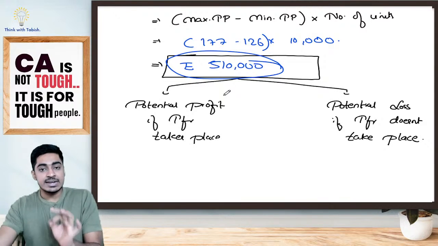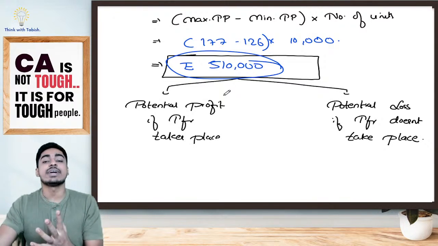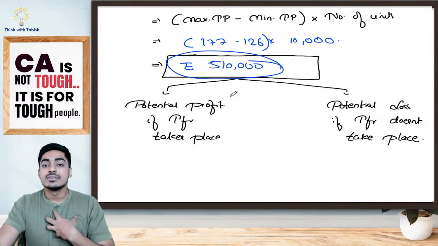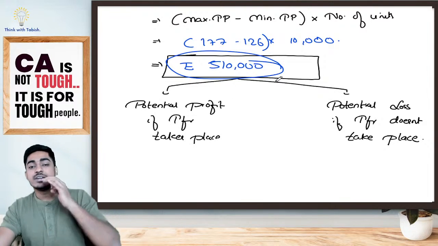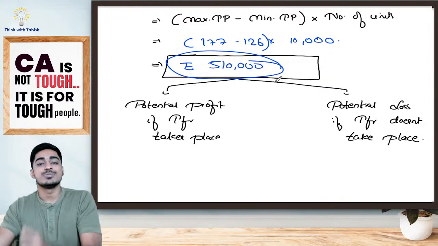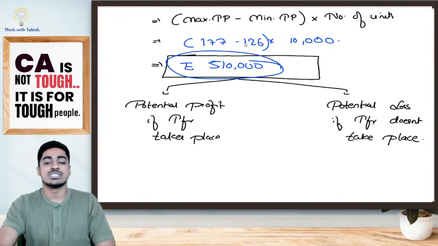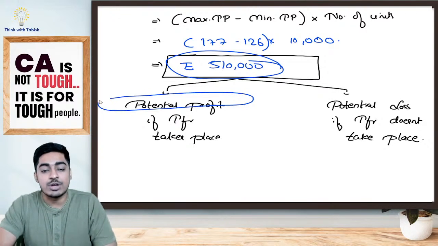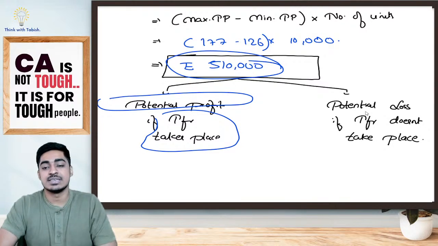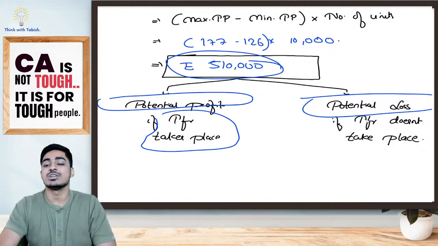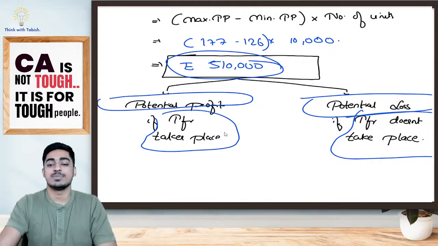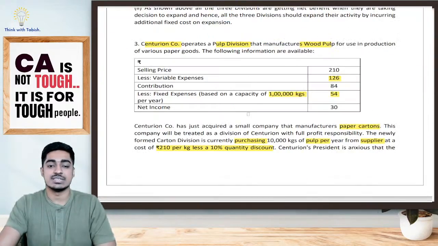If internal transfer happens, 5 lakh 10,000 rupees is our benefit. But if internal transfer did not happen, 5 lakh 10,000 rupees will be a loss. This 5 lakh 10,000 is the potential profit if transfer takes place, and this 5 lakh 10,000 is the potential loss if transfer did not take place. This is what this question is trying to tell.